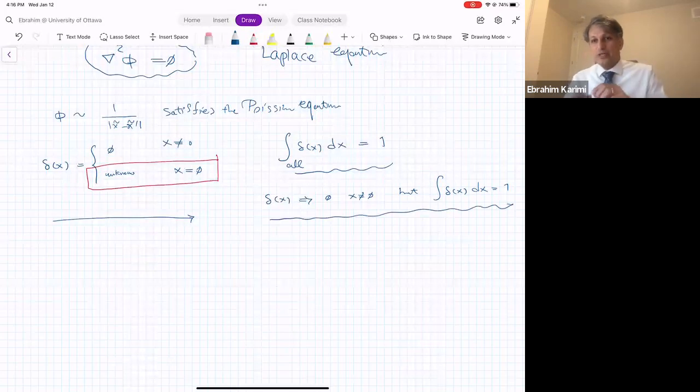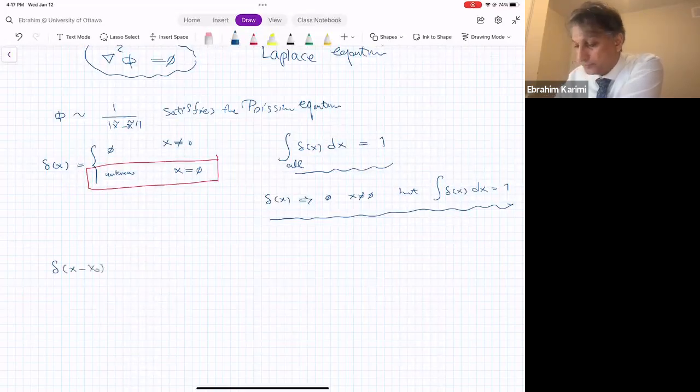They only talk about everywhere except x equal to 0, saying it's 0, but the area is equal to 1. You can say that this can be defined for any x0, so delta of x minus x0.